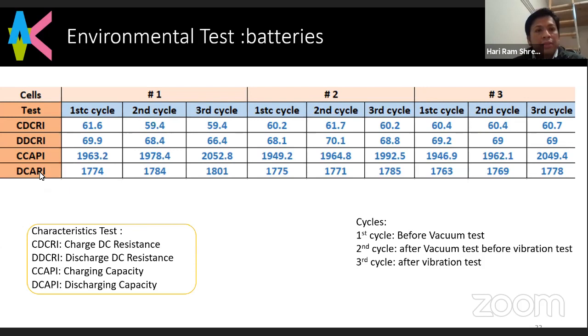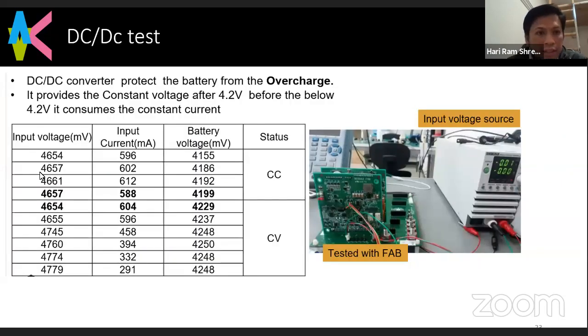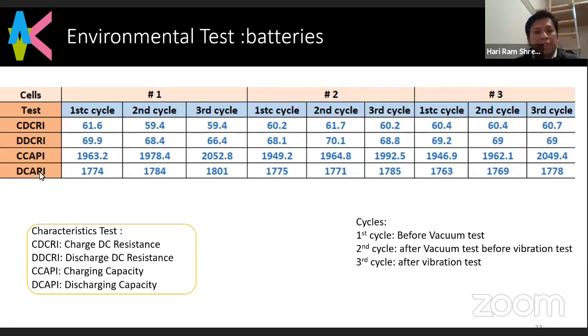It means from the first cycle to the third cycle. I mention here the case of 3 batteries. Finally, we can choose the battery by discharge DC resistance, capacity, and mass.